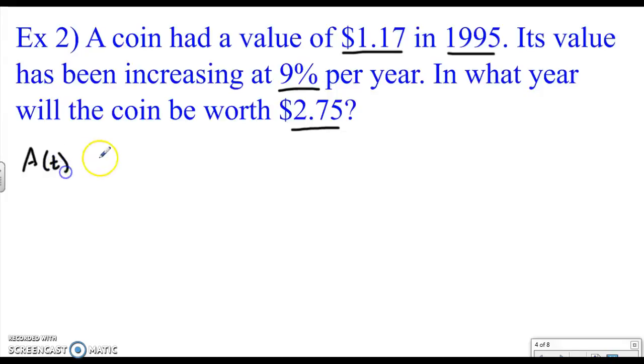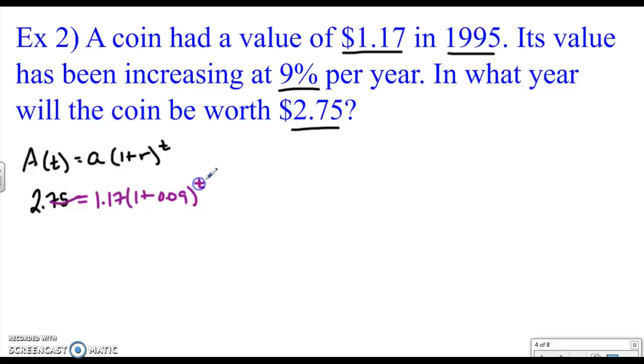So A of t equals initial amount times 1 plus the rate to the t power. So final amount is going to be $2.75. Initial amount is $1.17. The rate is 9%, so 0.09, and to the t power.